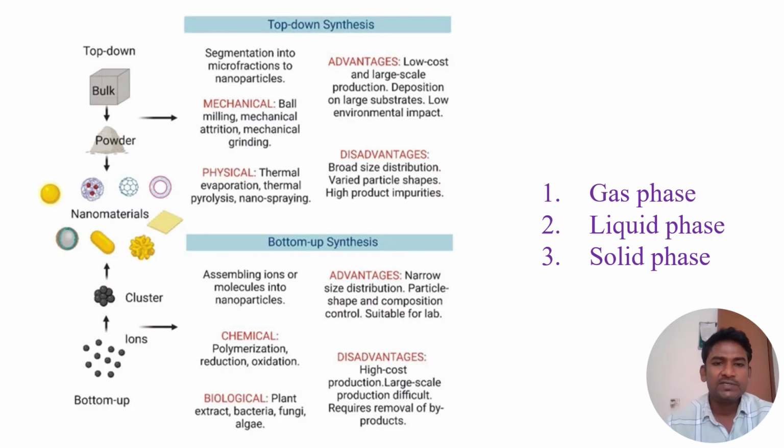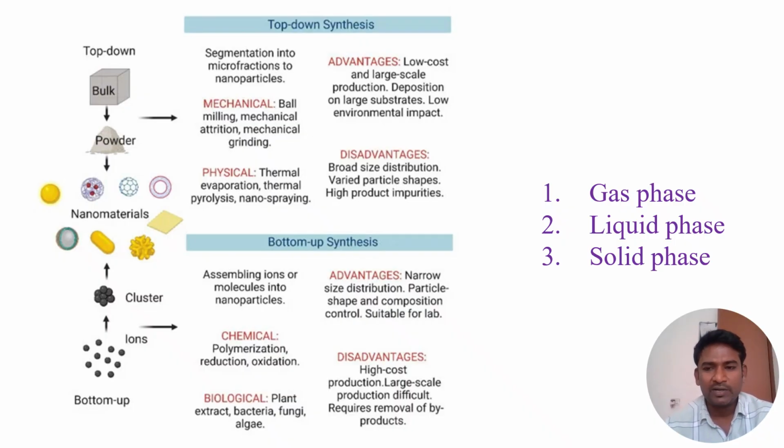And physical methods, namely thermal evaporation, thermal pyrolysis, and nanospraying, are excellent examples for synthesizing nanomaterials through top-down approaches. The advantage is that it is very low cost and large scale production is possible. Deposition on large substrates is quite feasible in this method, and there is low environmental impact. The disadvantage is that broad size distribution always occurs in this approach.